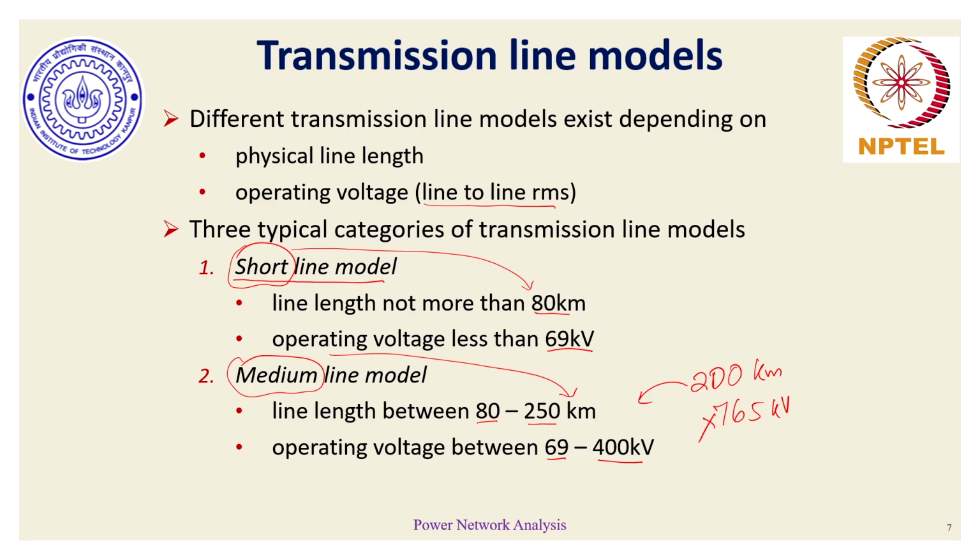So operating voltage being more than 400 kV indicates that it should be modeled as a long line, and that's how the accurate performance analysis can be done. So overall, if a line length is 200 kilometers and operating voltage is beyond 400 kV, it is preferred to model this line as a long line irrespective of what the line length is.